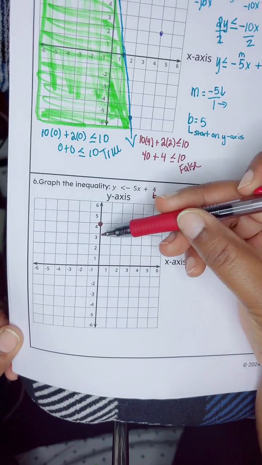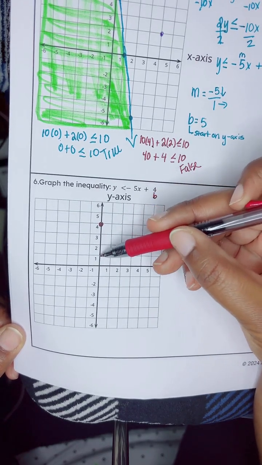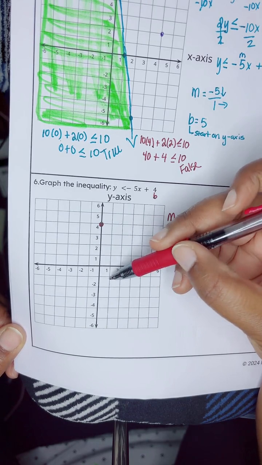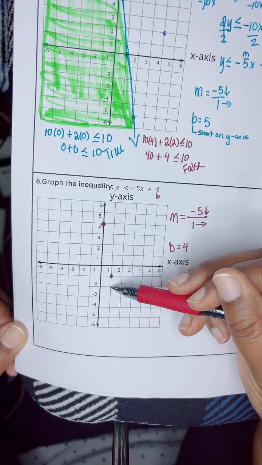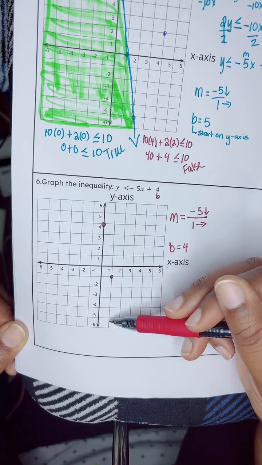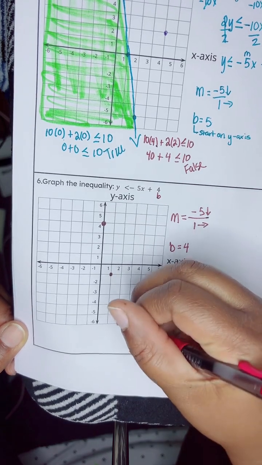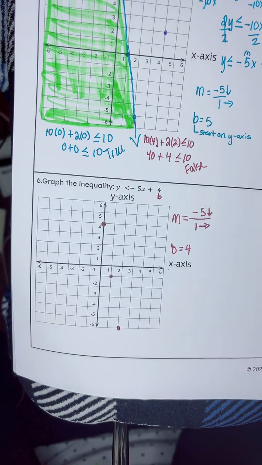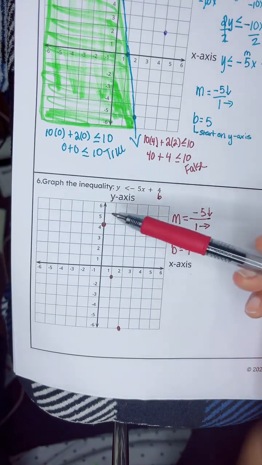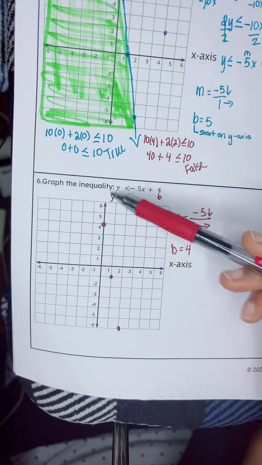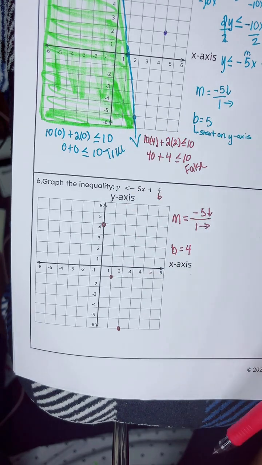So from this point, we're going to go 1, 2, 3, 4, 5, and over to the positive 1. We're going to do it again. 1, 2, 3, 4, 5 over 1. And the only reason why I did it, you only need 2 lines, but I have no ruler. And remember, when you're shading, you need the whole entire thing.